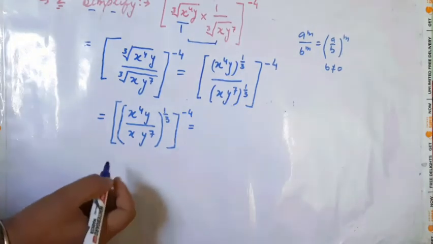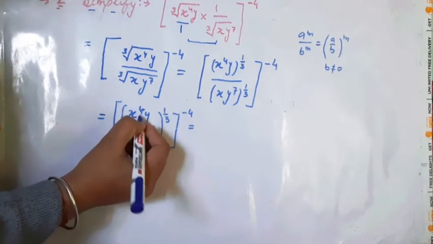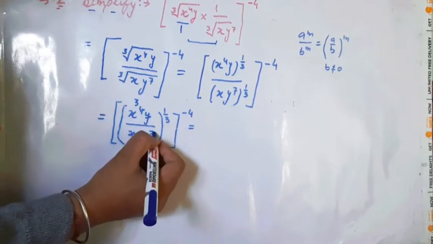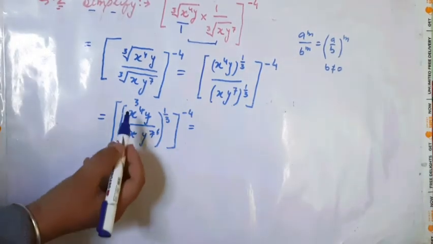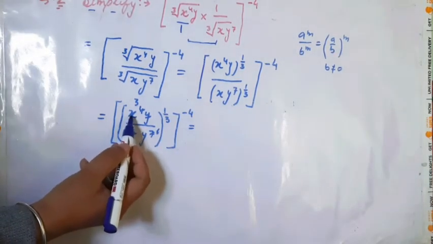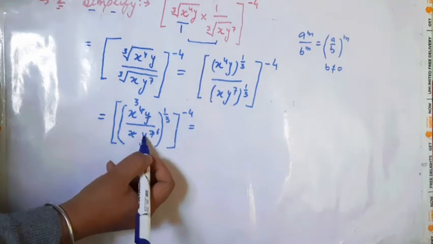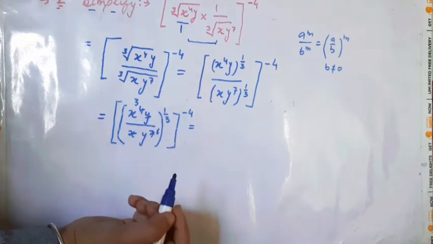This will be equals to, now see, the 1 power of x is decreased, so 4 minus 1 is 3 here, same 1 power of y is decreased, so 7 minus 1, 6 here, means here we have 4 times x, so 1 is decreased, 3 times left, and here we have 7 times y, 1 is decreased, so 6 times left.